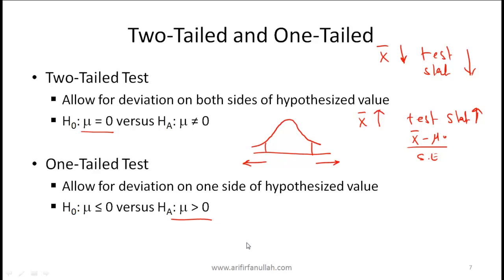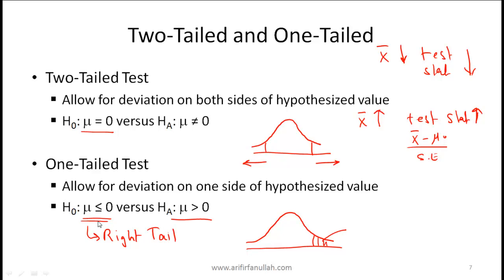So in this case we can only reject the null hypothesis if the test statistic falls in the right tail. Notice that if we have a less than or equal to sign in the null hypothesis, then we deal with the right tail.